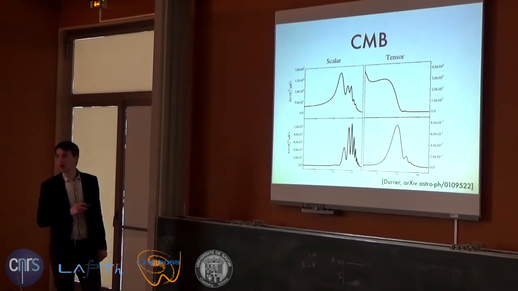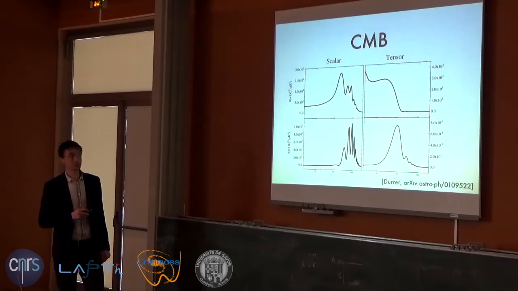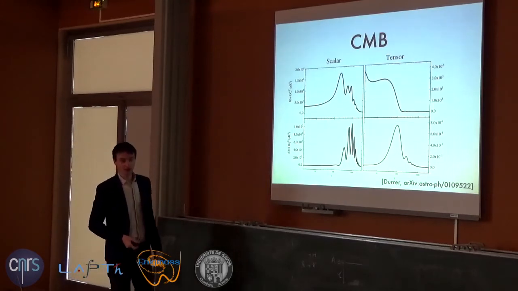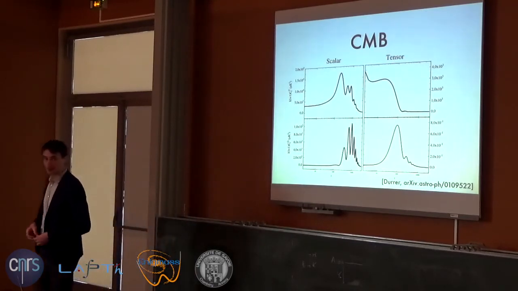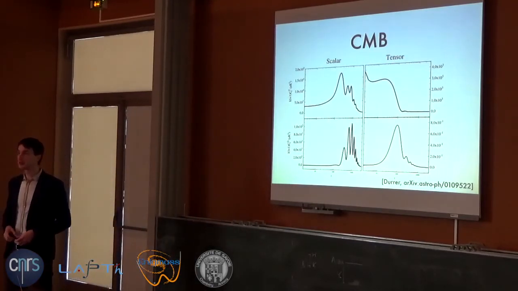This sets some upper bound on the presence of tensors, but no lower bound. You can replace scalar perturbations with tensor perturbations at this end of the temperature spectrum of the CMB. Okay, so this is a very brief summary of the cosmic microwave background lecture of two lectures ago.